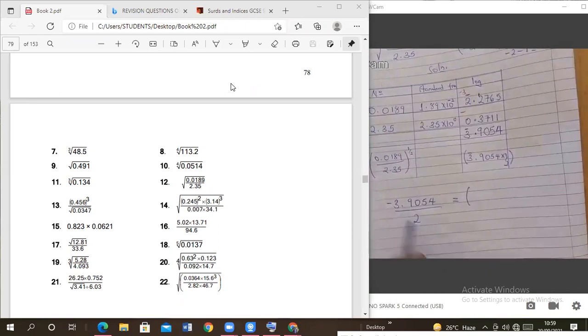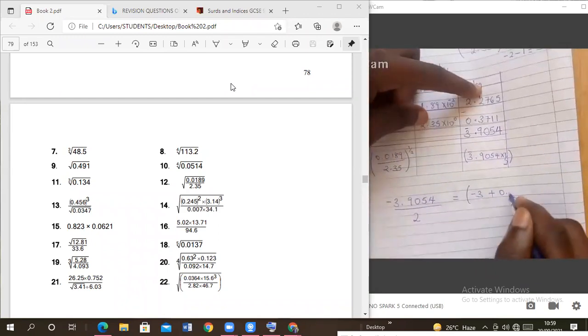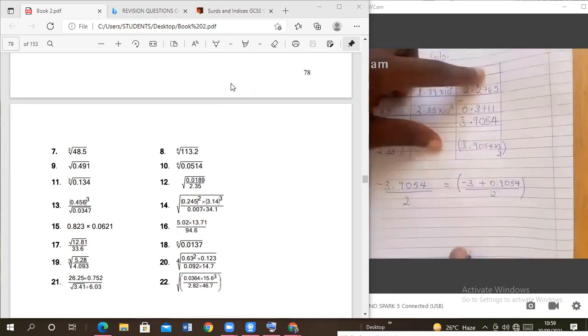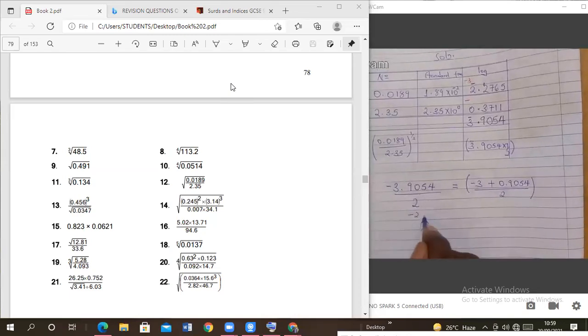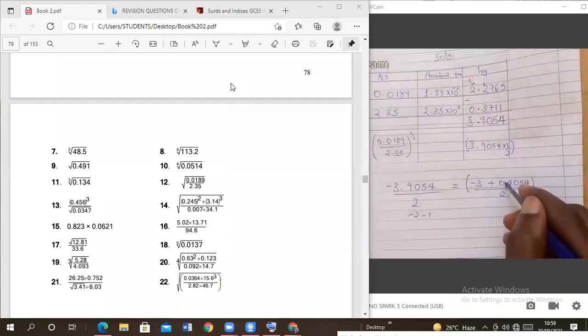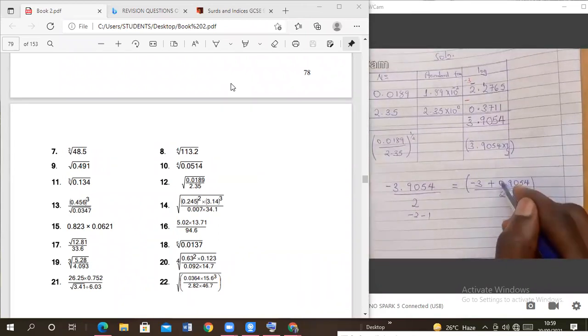Negative 3 can also be negative 4 plus 1, plus 0.9054, divided by 2. Which number is that, members? I want the one that we add, because I want to add it to the positive characteristic.